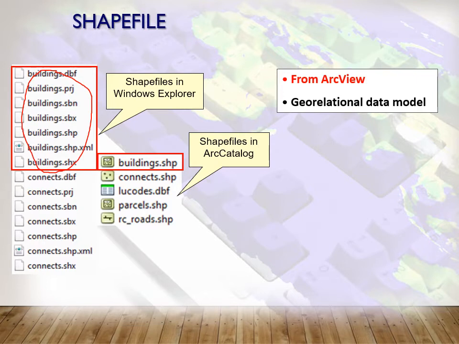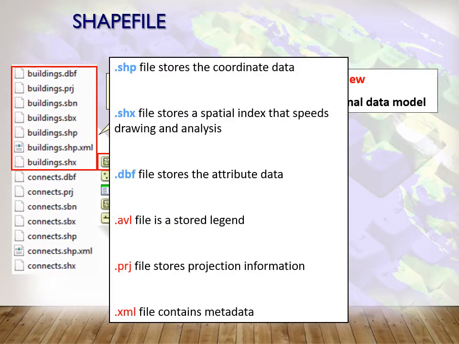So if you're copying or deleting, it's much more efficient and safe to use ArcCatalog. Again, this is what the individual files represent when we're looking at them in Windows Explorer.